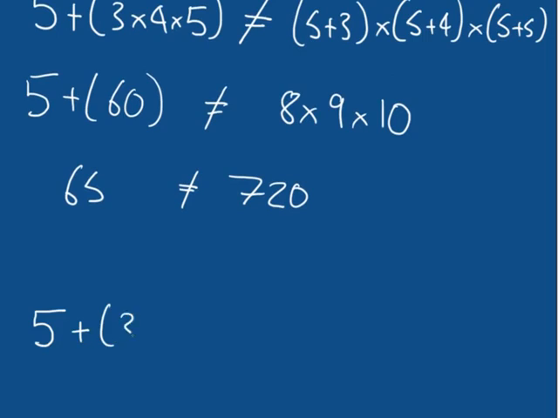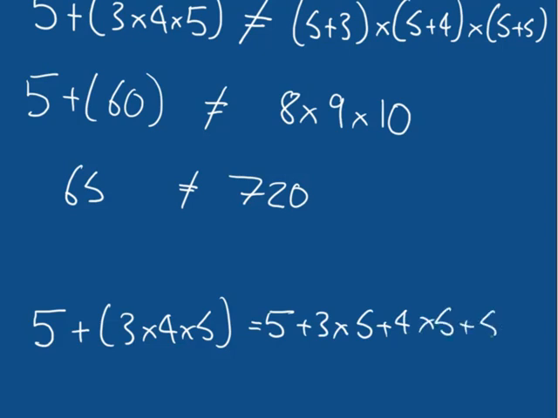5 plus 3 times 4 times 5 is equal to, I'm going to expand it the same way, but not using parentheses. So 5 plus 3 times 5 plus 4 times 5 plus 5. Using our order of operations, that means we need to evaluate these two multiplications first.